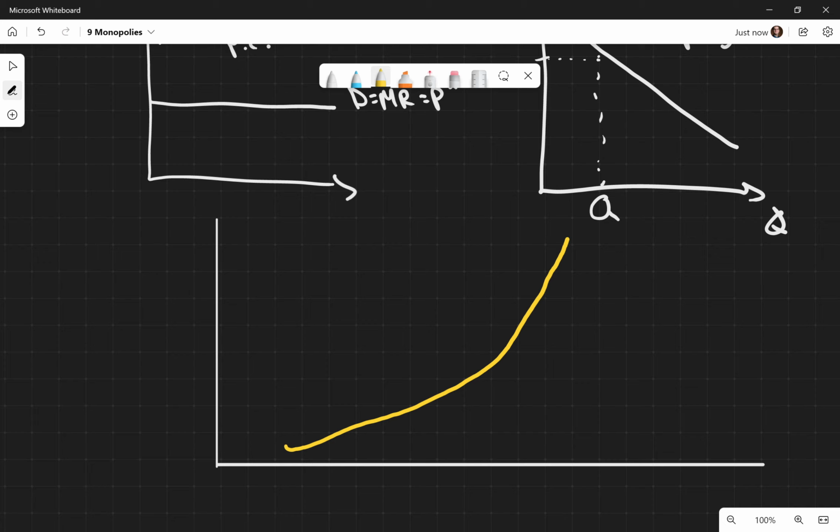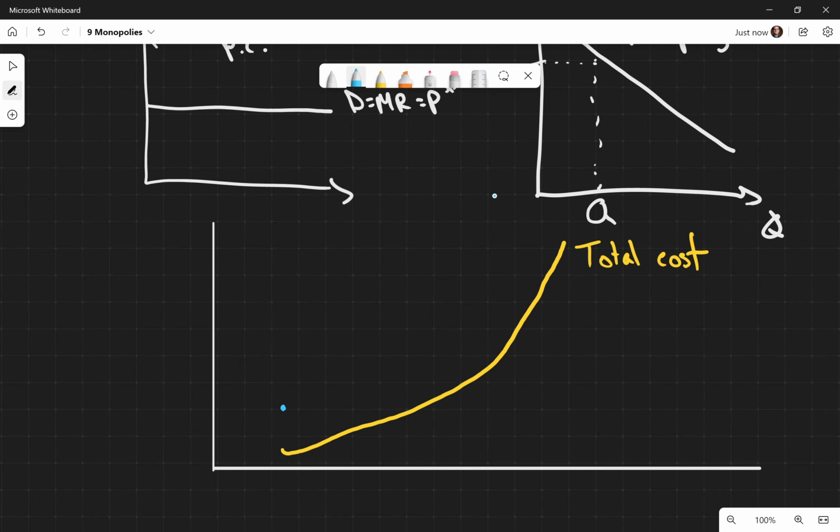It's going to increase at an increasing rate. So this is my total cost. And our total revenue, because our demand curve is downward sloping, is not going to be a straight line. It's going to be a curving line that does something like this.